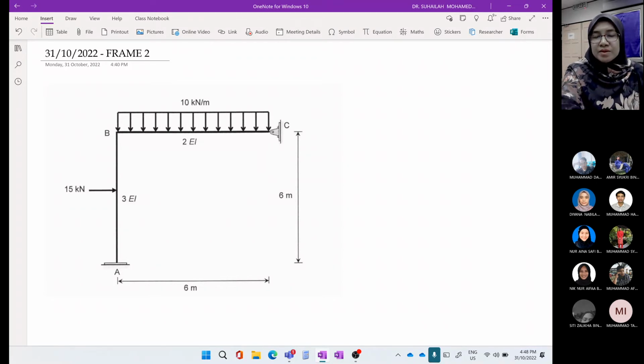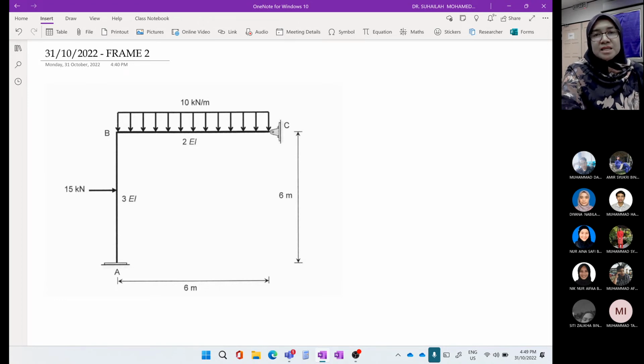If we can calculate the 2 redundant in this frame, we should be able to calculate the remaining 3 unknown reactions. The 2 redundant can be determined using the compatibility equation, which is based on displacement at the redundant position.